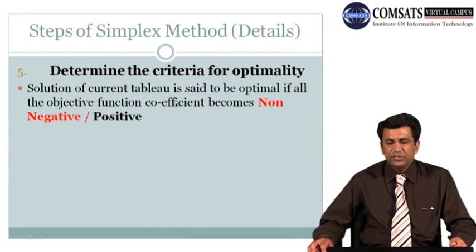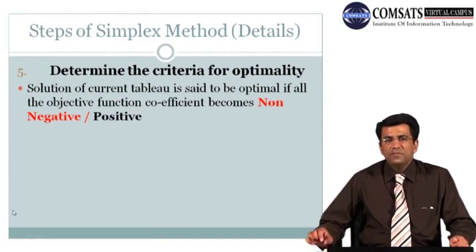Then in the next step we will determine the criteria for optimality, that is, the solution of the current tableau is said to be optimal if all the objective function coefficients become non-negative or positive. Again students, it should be noted that we are discussing maximization problems.